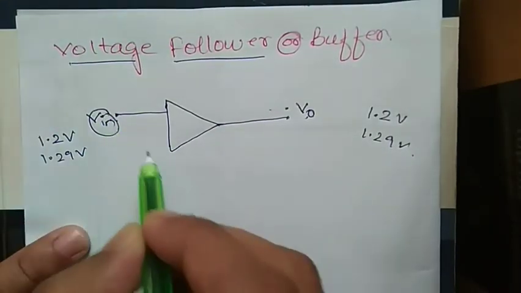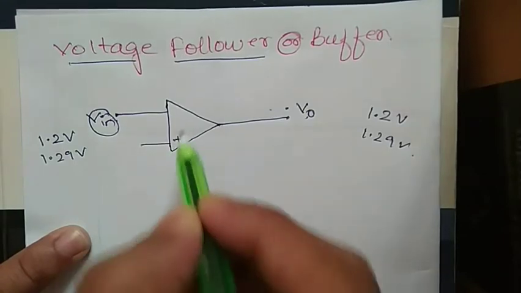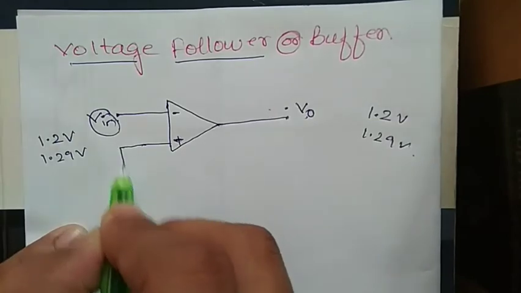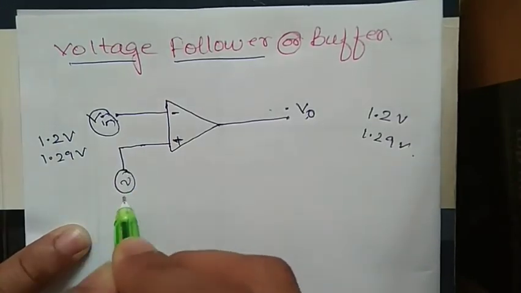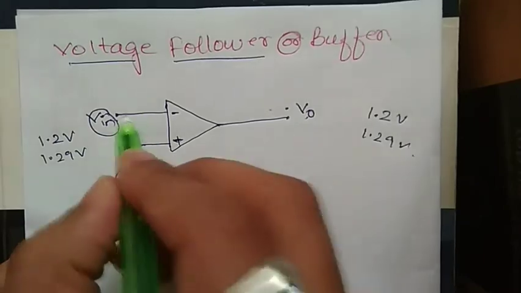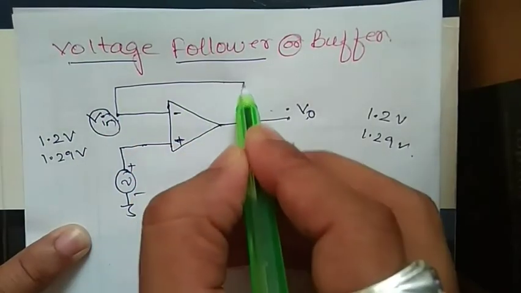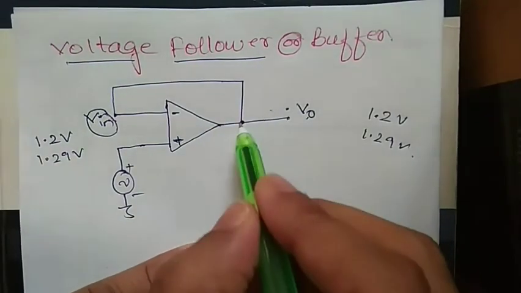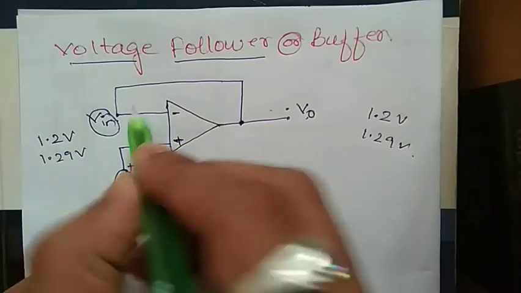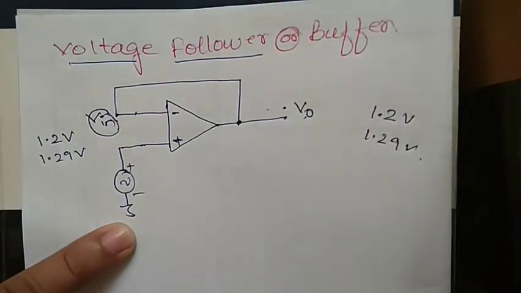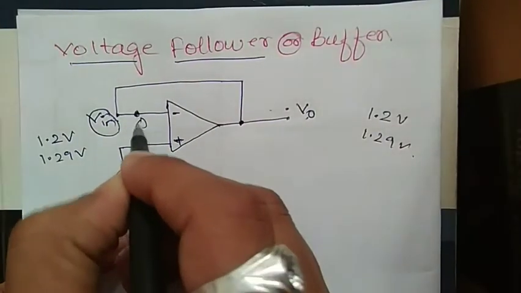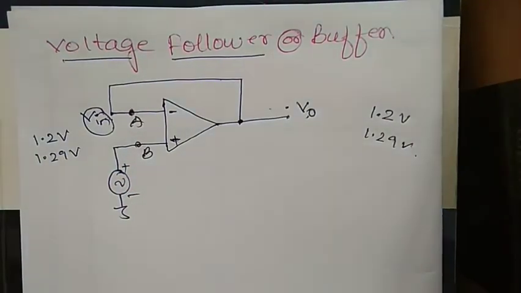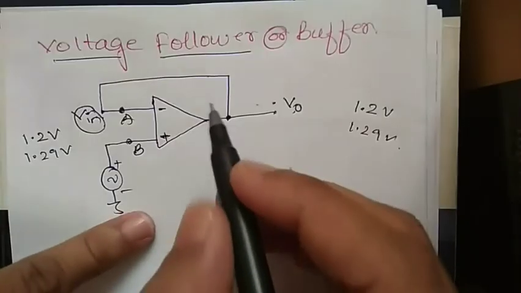Your input is supplied at the non-inverting terminal, because we have two inputs, inverting as well as non-inverting, and your inverting terminal is connected to the output network. As usual, what we defined here is this is node A, this is node B. So we have the virtual ground concept, and using that concept we are going to define this.